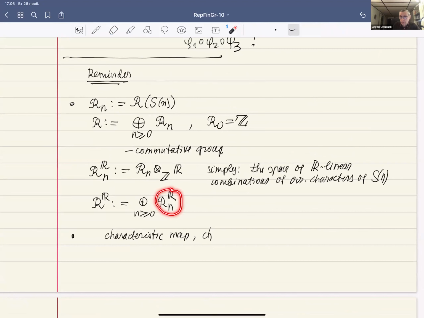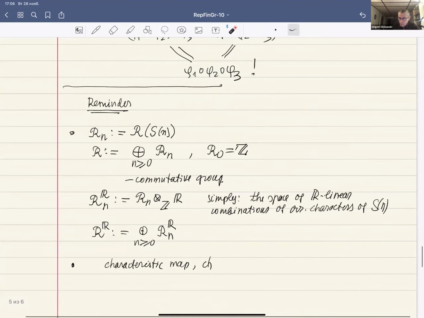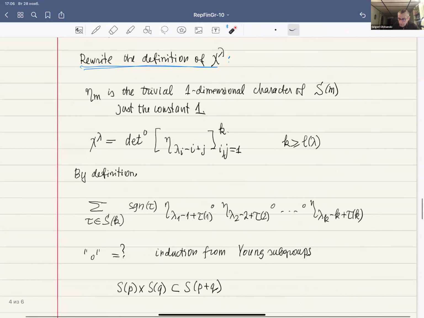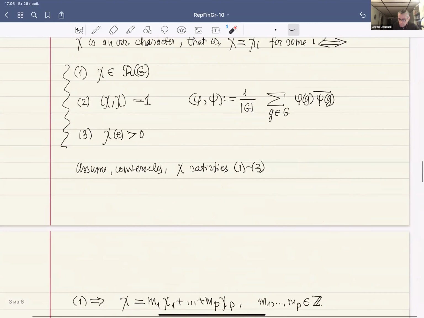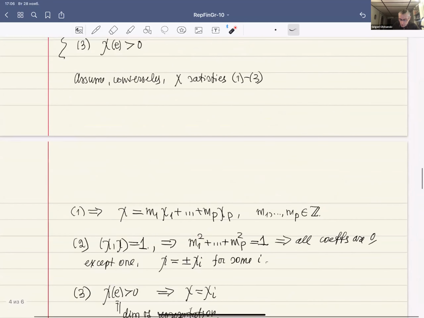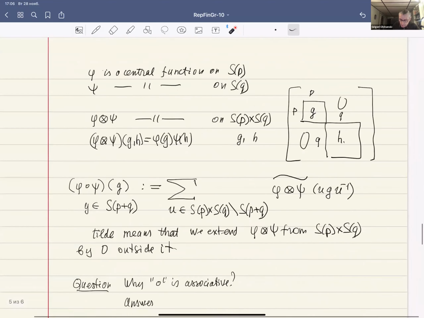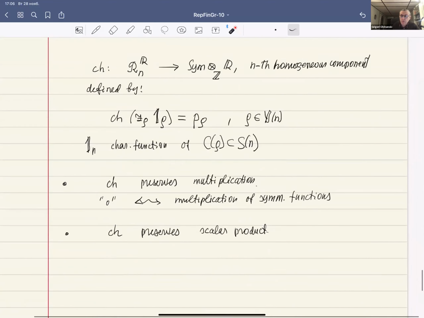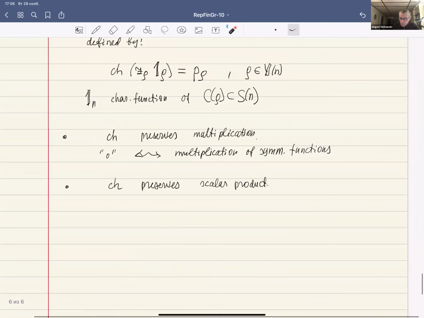So in particular, with the functions on the symmetric group, and we know how to take the scalar product of two functions on the symmetric group by the formula. I recall it is given by this one. On the right, we have the scalar product in the algebra of symmetric functions. And we know already that our map preserves also this structure.